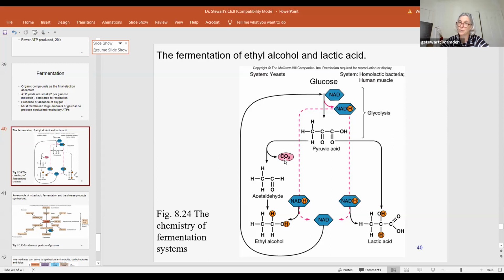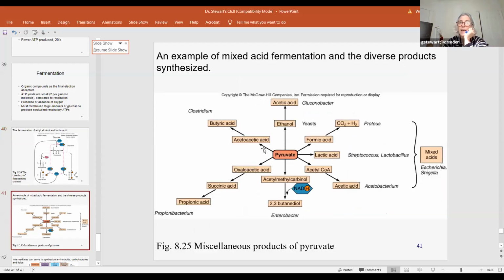One releases CO2, that's where the bubbles come from, and they produce ethyl alcohol as a byproduct. So think about if you make wine, that carbon dioxide has to be released, or even beer. If you make it at home in a big vat, you have to have a regulator at the top that will release the carbon dioxide, or the pressure can build and cause an explosion, which would be bad because there's a lot to clean up, right?